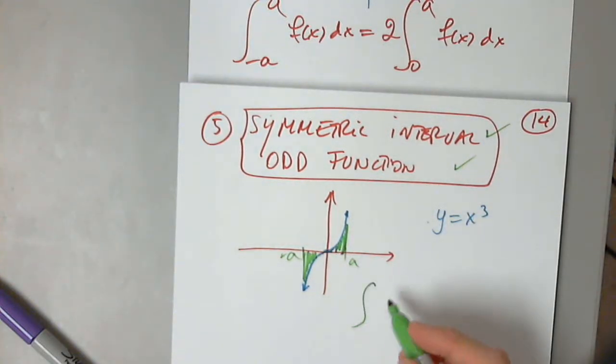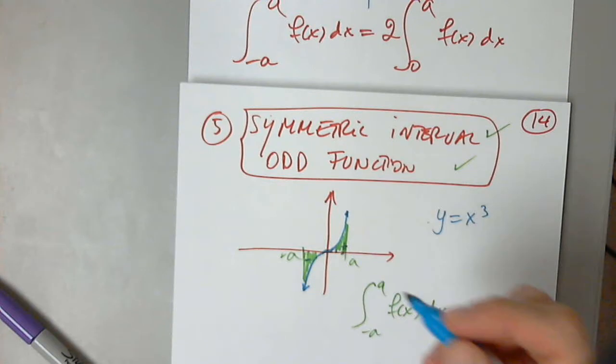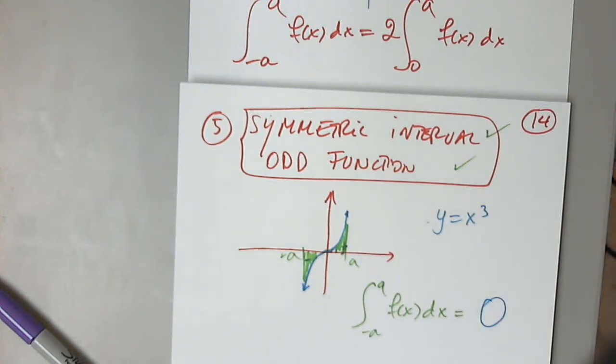I want to find the integral from -a to a of f of x dx when the function is odd. What do you think the answer is? Of course, it is 0. The areas are equal, but this is a negative area and this is a positive area, so the answer is 0. Both conditions have to be fulfilled: odd function and symmetric interval, and the answer will be 0.